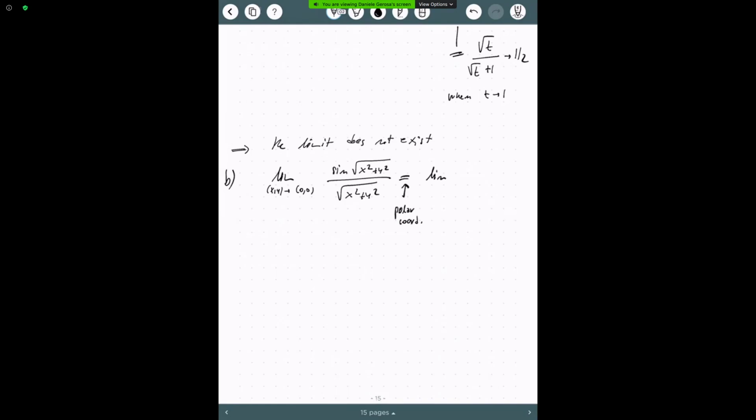So we get that the limit for r that goes to 0 of sine of r divided by r is equal to 1. So the limit exists, because we have the same value here and here.